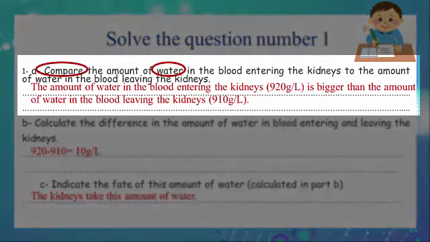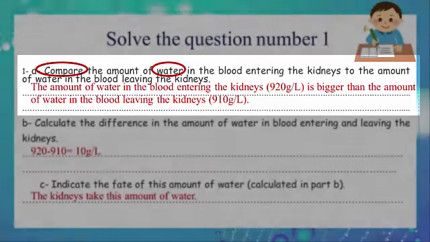Question 1a. Compare the amount of water in the blood entering the kidneys to the amount of water in the blood leaving the kidneys. The amount of water in the blood entering the kidneys, 920 grams per liter, is bigger than the amount of water in the blood leaving the kidneys, 910 grams per liter.